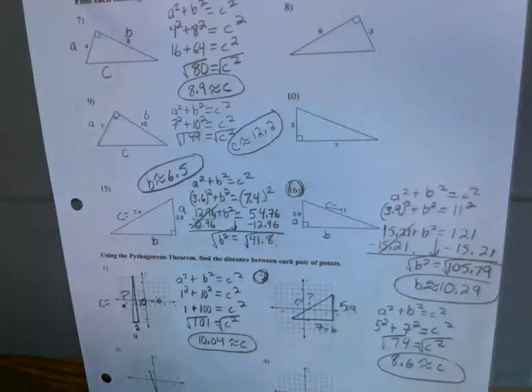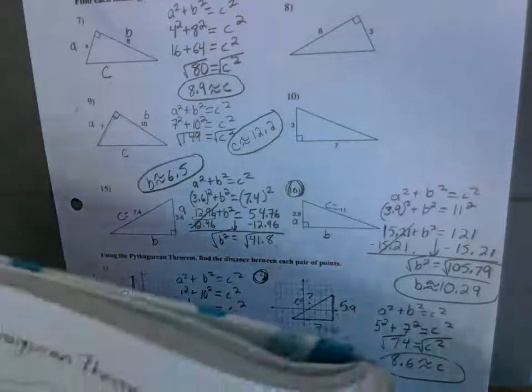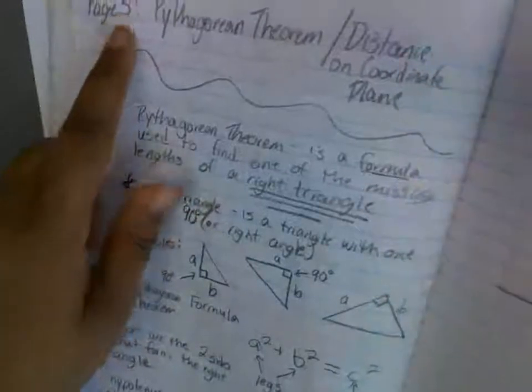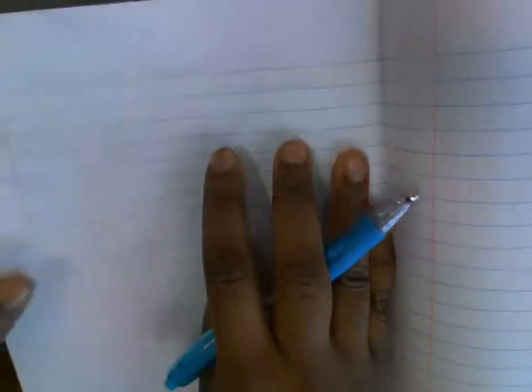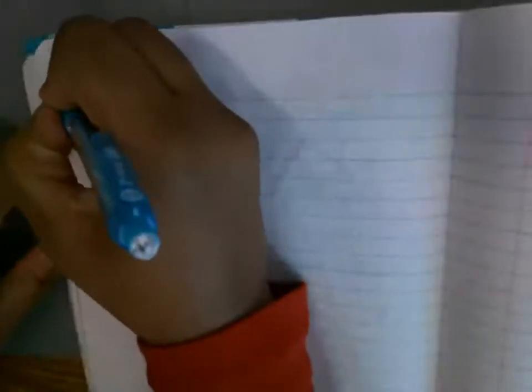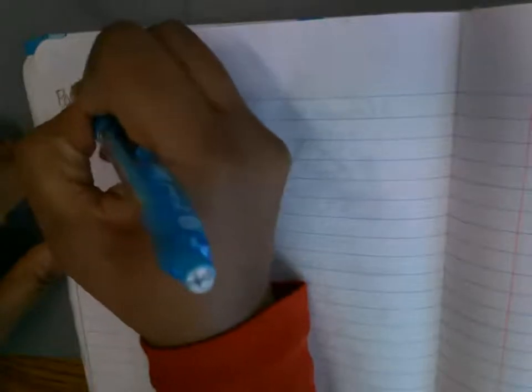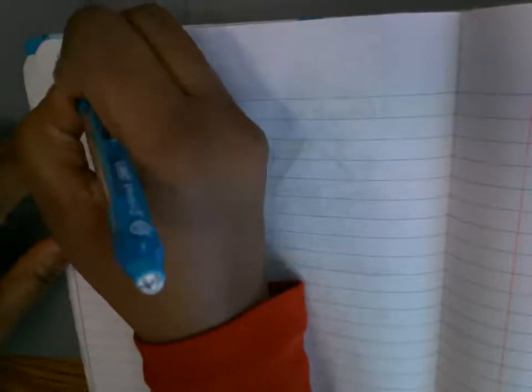All right, let's take notes. We're moving to our next page. The last page we did was on the Pythagorean theorem, page 5. Now we're moving on to page 6. We'll label this page 6, Q3 because it's quarter 3.